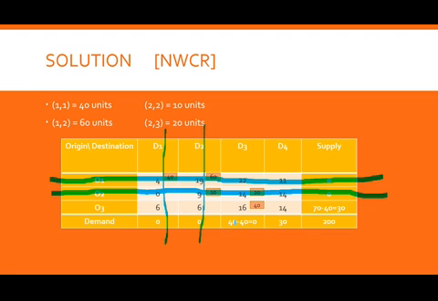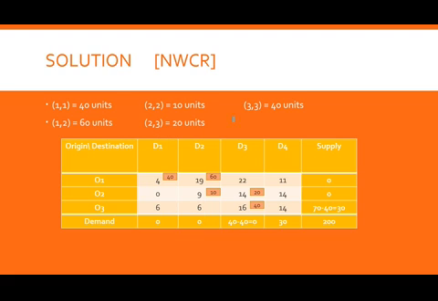Demand is 40, supply is 70. Yes, you can satisfy only 40. So the demand becomes 40 minus 40, 0. Supply becomes 70 minus 40, which is 30. So I make an allocation of 40 units at 3, 3.